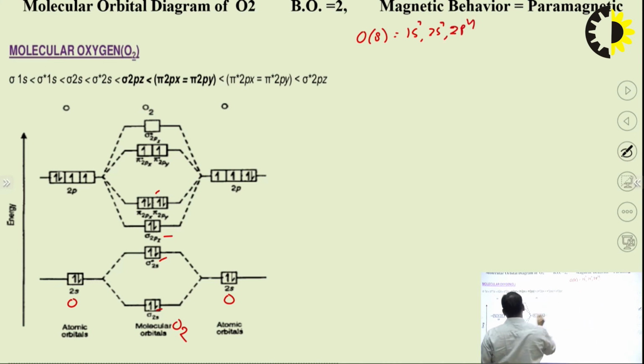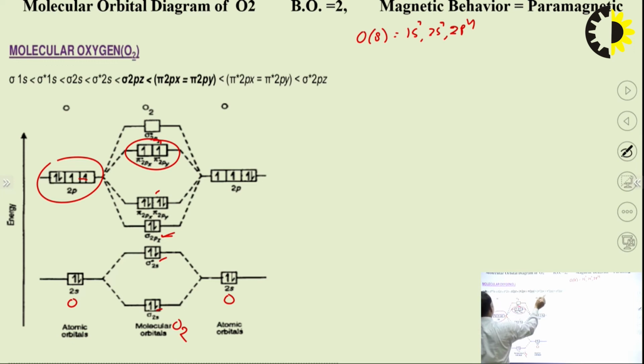So in the p orbital we have 4 electrons. When these 8 electrons fill the molecular orbitals, first they will reach the sigma 2p, then the pi orbitals 2, 2, and then the last 2 electrons, 2, 4, 6, the remaining 2 electrons of this 2p will reach the anti-bonding pi orbital.